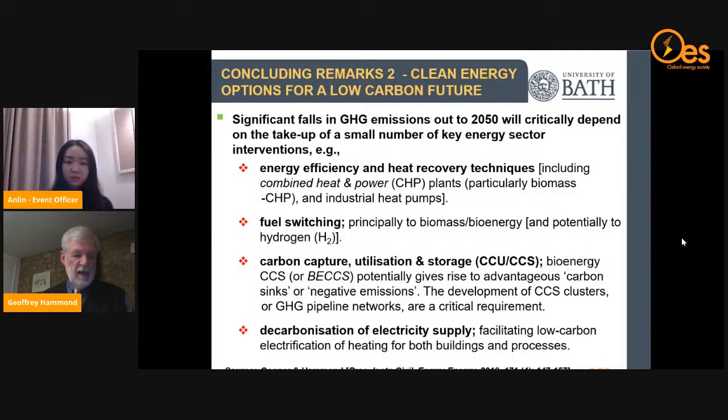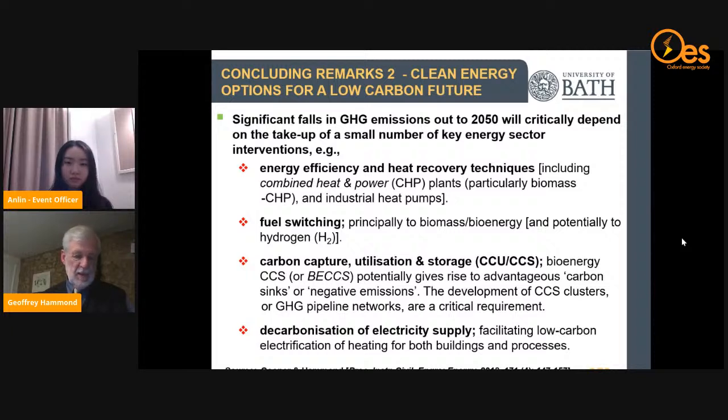I mentioned carbon capture and storage. We might also be able to utilize some of that carbon for chemical processing, for example. If you use carbon capture and storage coupled with biomass as the fuel supply, then you get these so-called negative emissions.